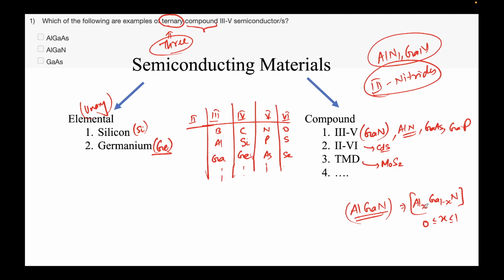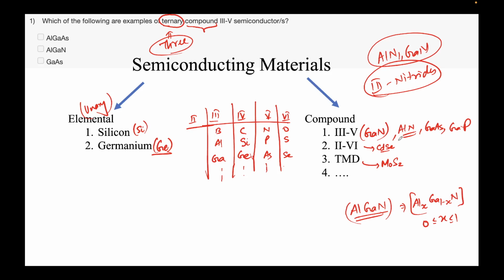The aluminum mole fraction can lie between 0 to 1. If it is 0, you have Al0 Ga1-0, which means you will have gallium nitride. On the other hand, if x equals 1, you have aluminum mole fraction as 1 and gallium as 0.